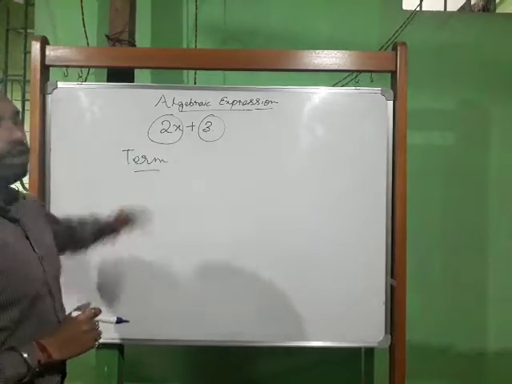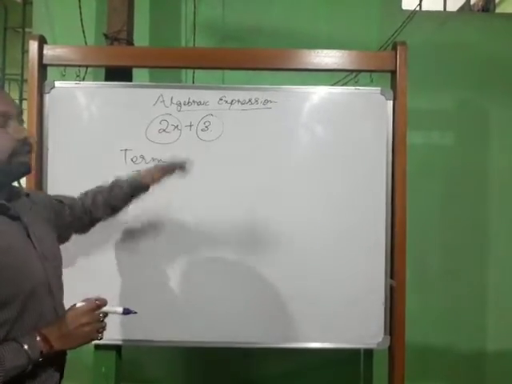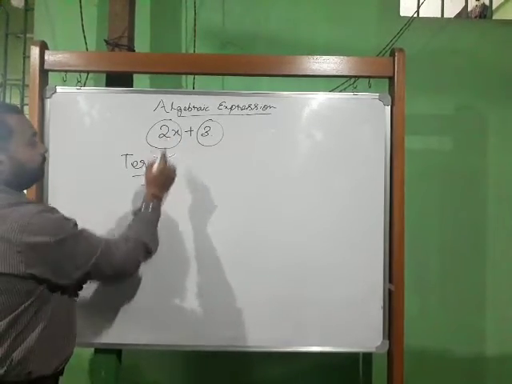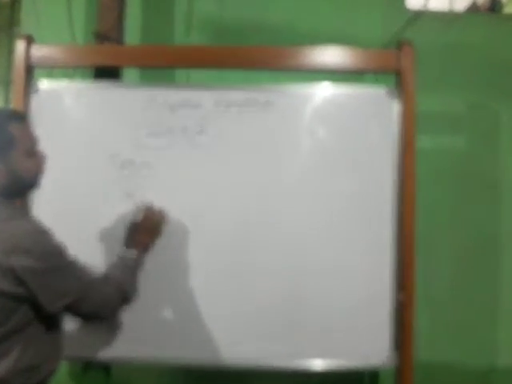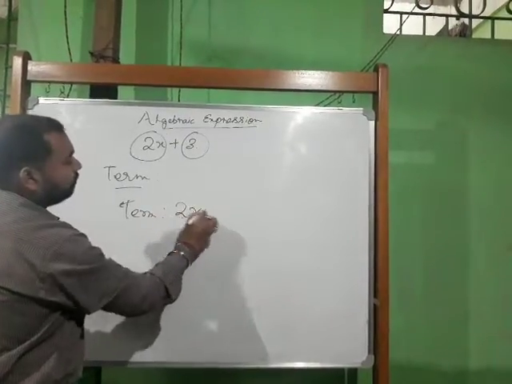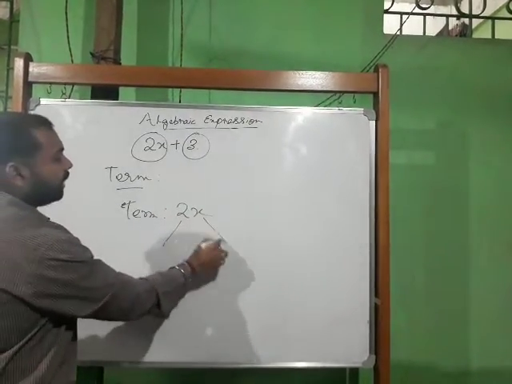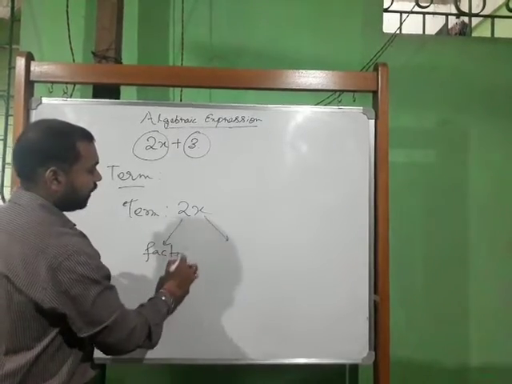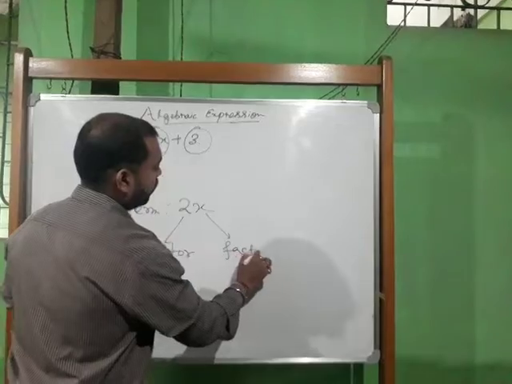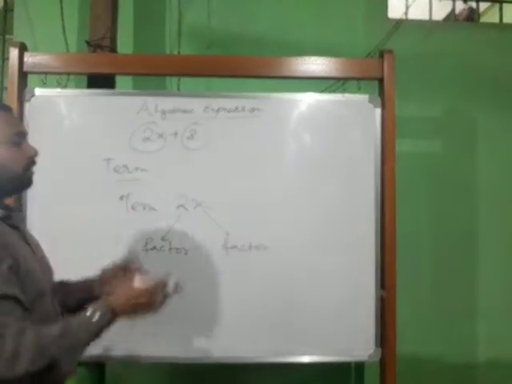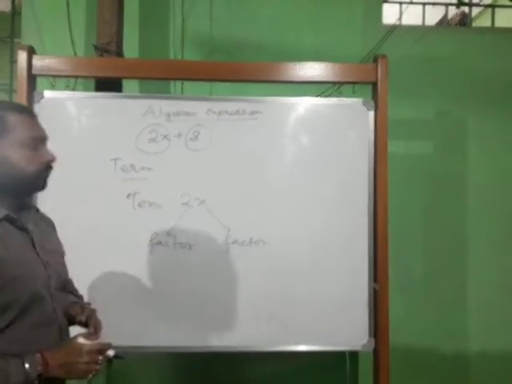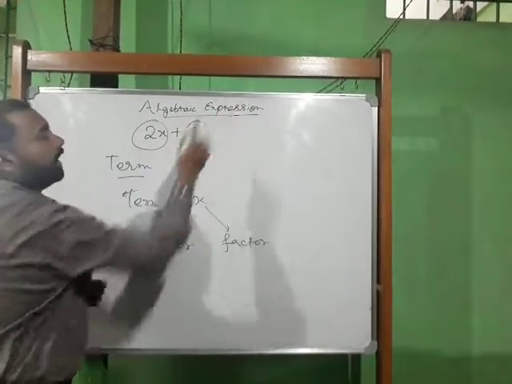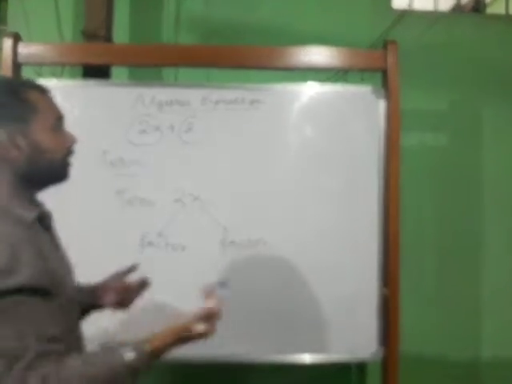Now in one term, the factors. In the first term, 2x is a term. Now this 2 and this x, these we call factors. This is one factor, this is another factor. So factors combine to form one term, and terms combine to form algebraic expression. This is the relation. Simple.